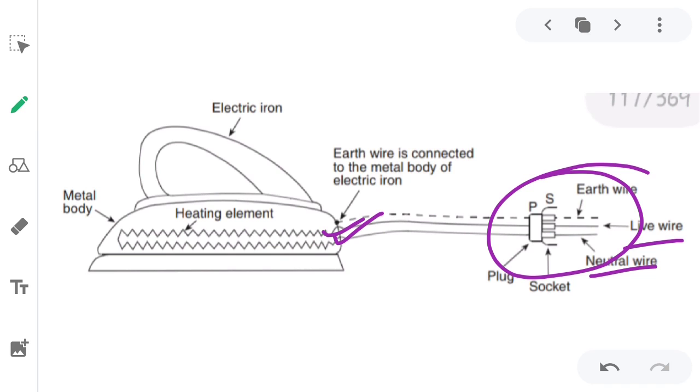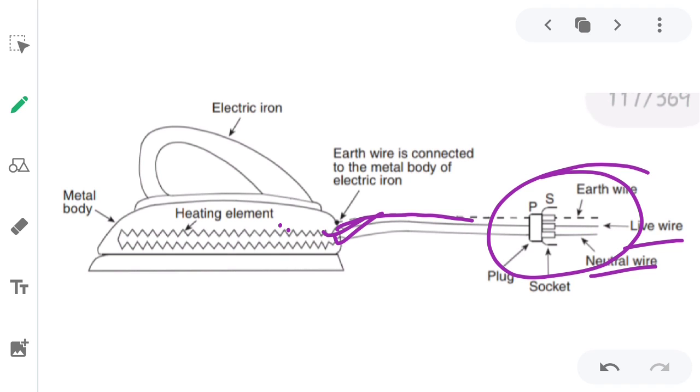So if somehow the live wire touches the iron body, then the current will go through this earth wire and then go to earth, and that is how it protects us from getting an electrical shock.